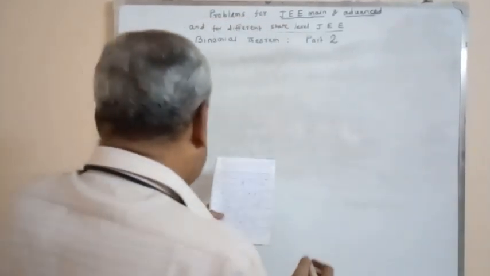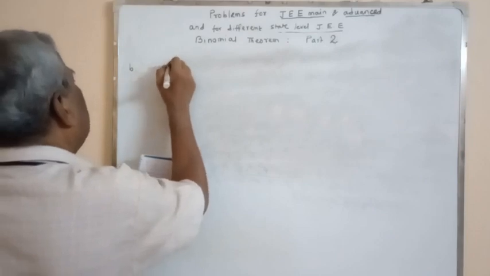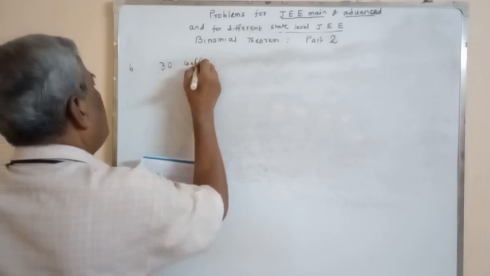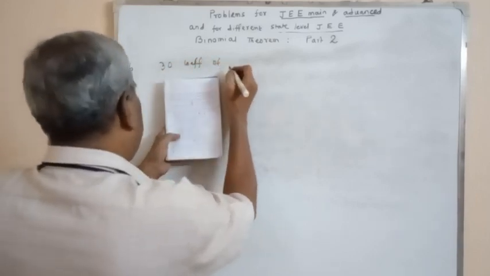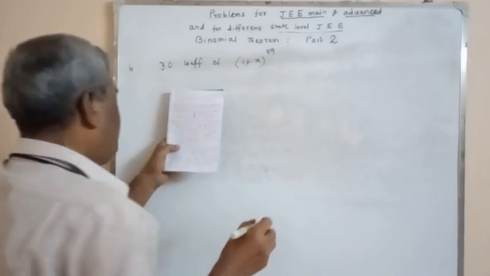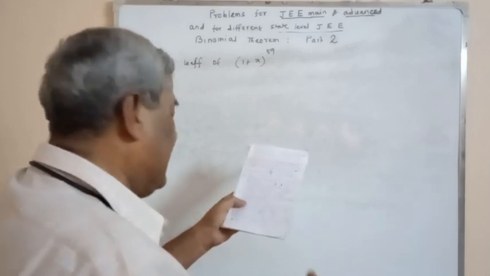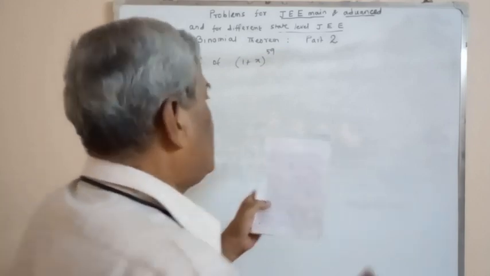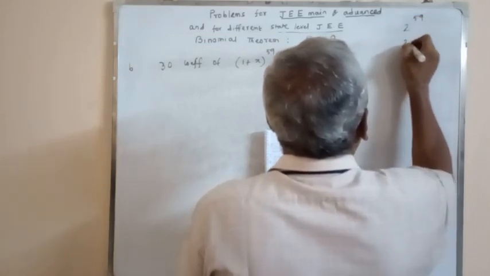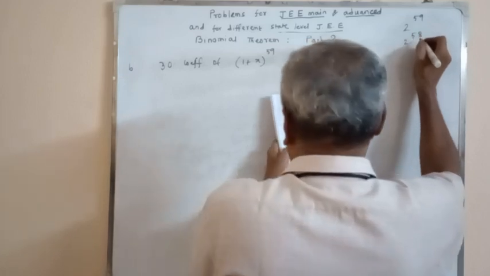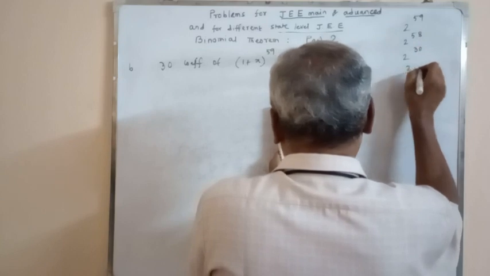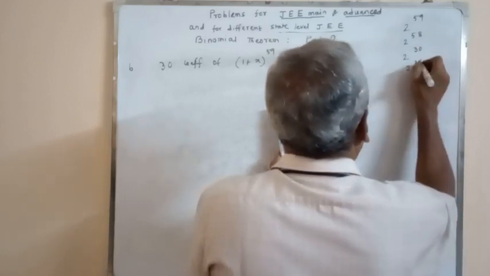the sum of last 30 coefficients of (1 plus x) to the power 59, when expanded in ascending power of x, is: 2 to the power 59, 2 to the power 58, 2 to the power 30, 2 to the power 29.